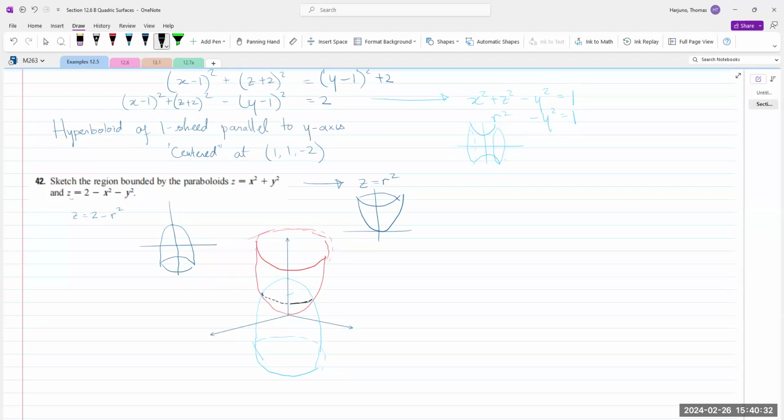Now, if you already learned the next section, 13.1, we can actually find the intersection. Let's try.